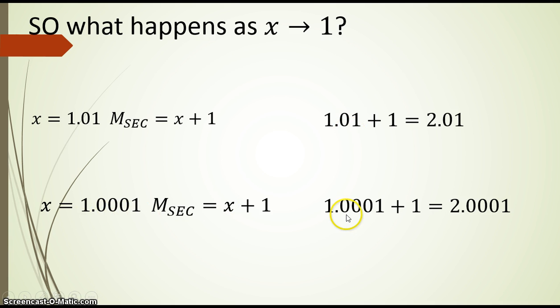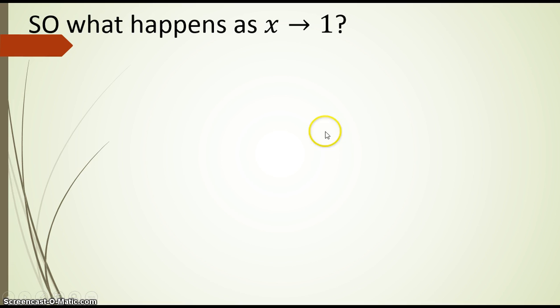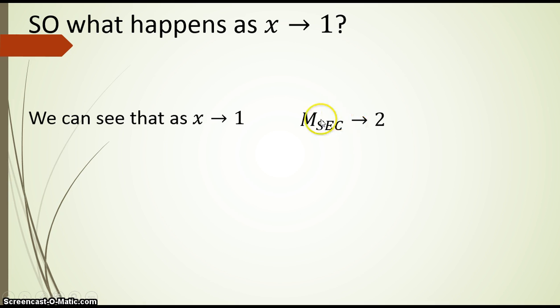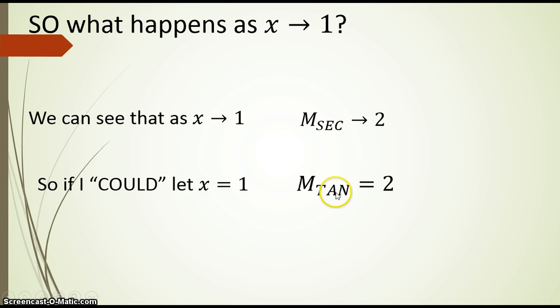It's approaching 2. So what happens as x approaches 1? As x approaches 1, the secant approaches 2. So if I could let x equal 1, the tangent would be 2. The slope would be 2 if I could.